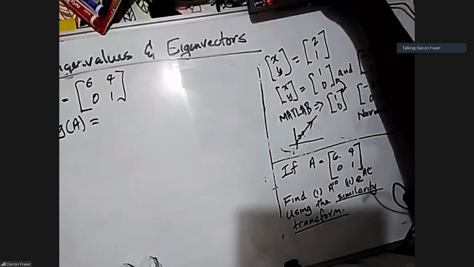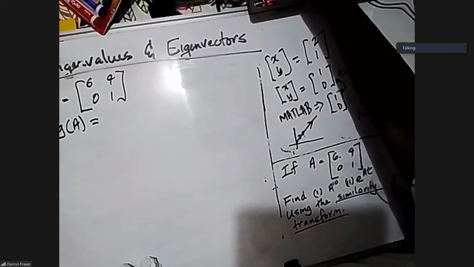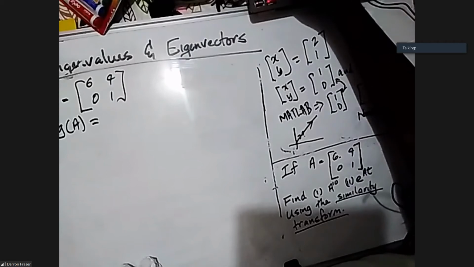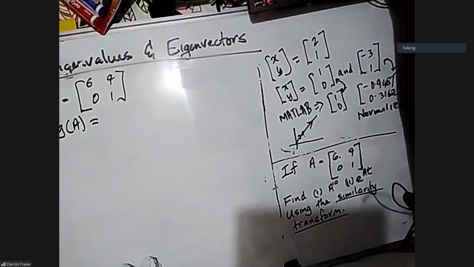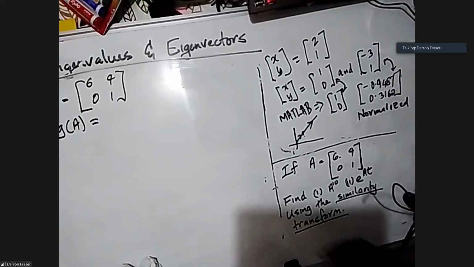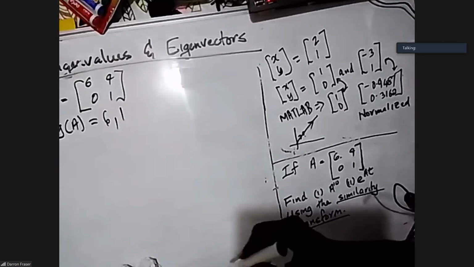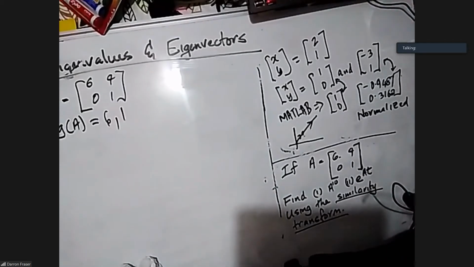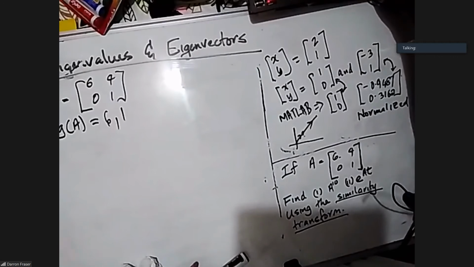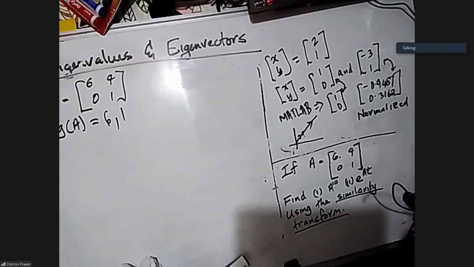And the eigenvalues, eig(A), turn out to be 6 and 1. Okay.